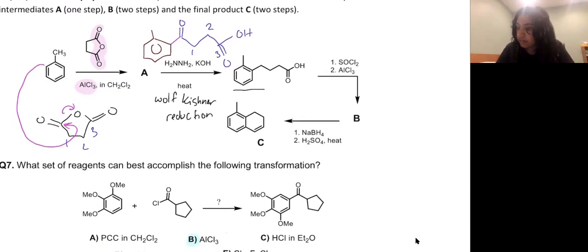But now you have this thing, you're treating it with SOCl2. The SOCl2, remember, chops off the alcohol and adds on a chlorine. Now you have an acyl halide. Acyl halide plus AlCl3 equals acylium ion, right? So we're gonna get this.